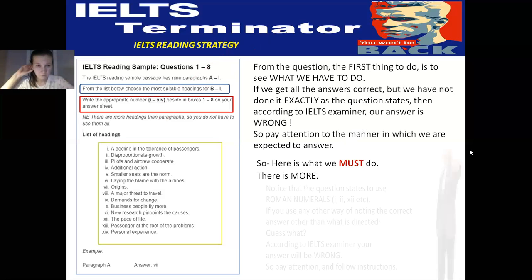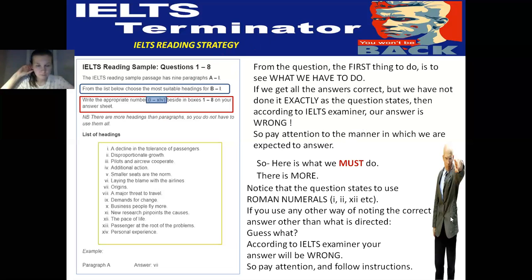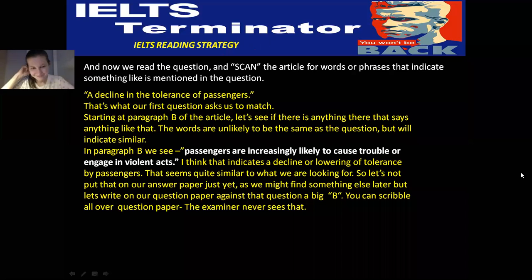Okay. And you notice that the question states to use Roman numerals. If you use any other way of correcting this, this cranky looking old man over there will say, "You're wrong." Right? You don't want that. So now we read the question and scan the articles for words or phrases that indicate something like what is mentioned in the question.